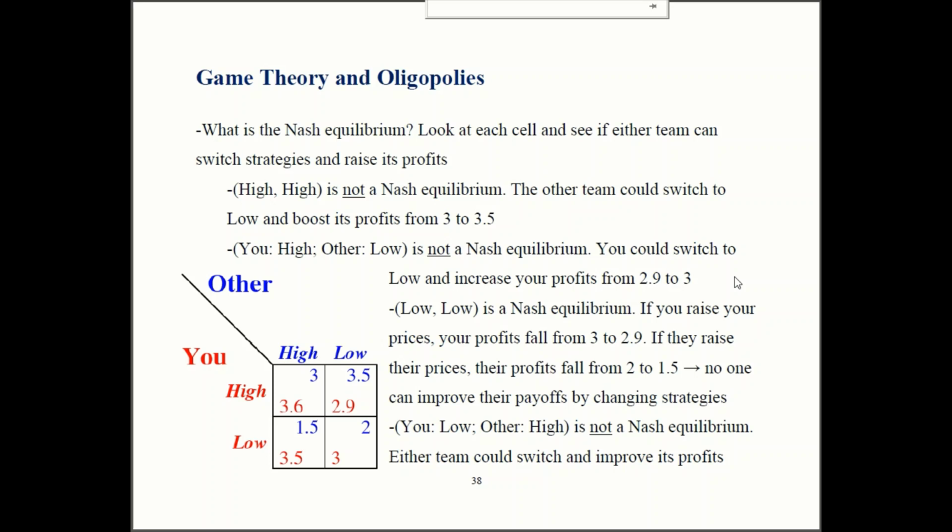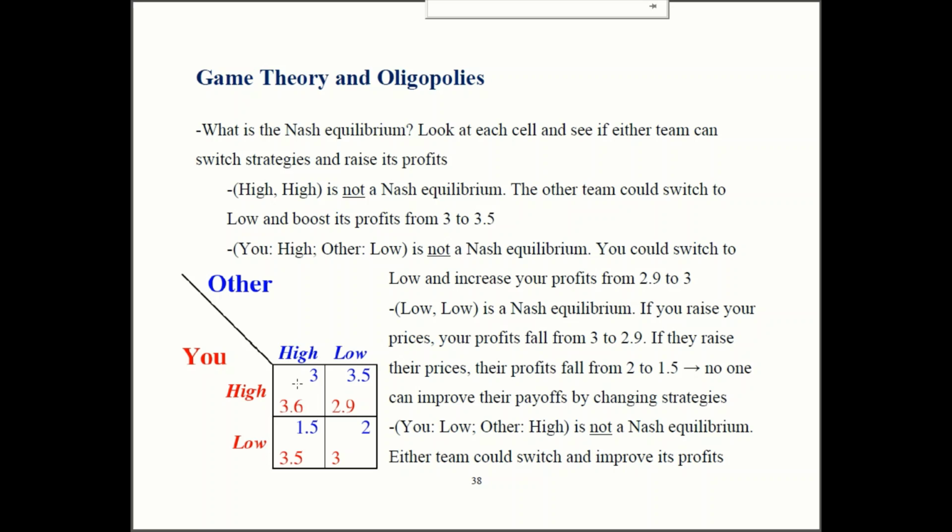Let's just verify. So once again here, you see this situation where it's a cooperative outcome, both sides playing the high price, but that's not Nash equilibrium. You can see that total profits are maximized when you're both playing high, but that's not Nash equilibrium. If you're both playing high, then the other team could change strategies and get a higher payoff.